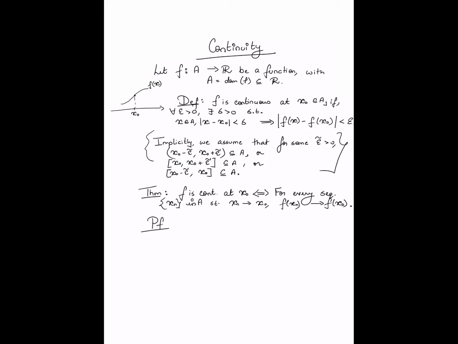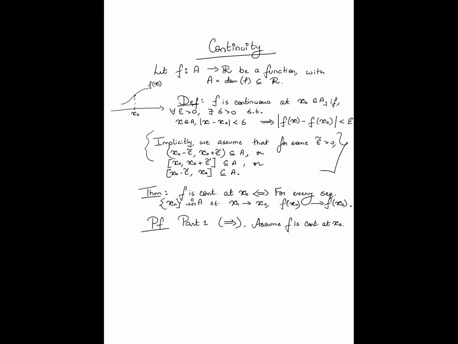So first, let's prove one part of this, which is the forward implication. That is, I assume that the function is continuous at x naught, and I want to show that for every sequence xn converging to x naught, you have f of xn converging to f of x naught. So assume f is continuous at x naught.